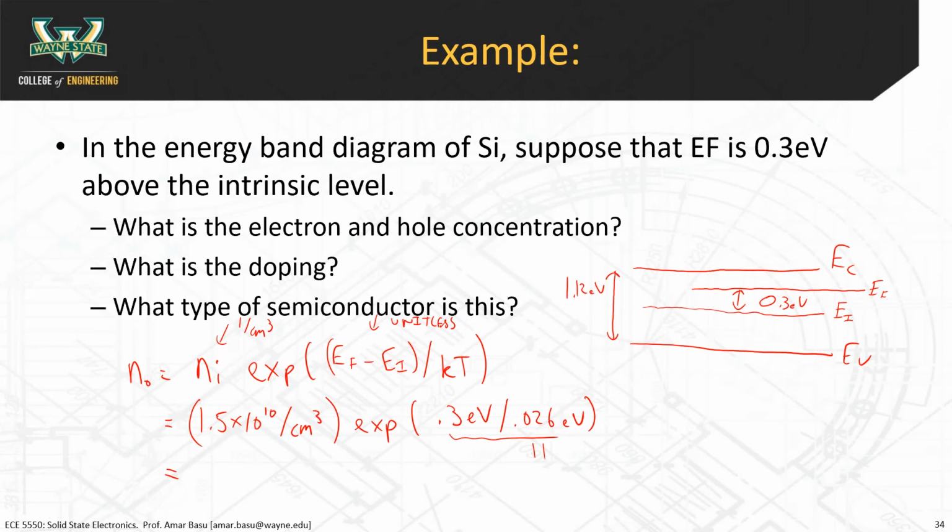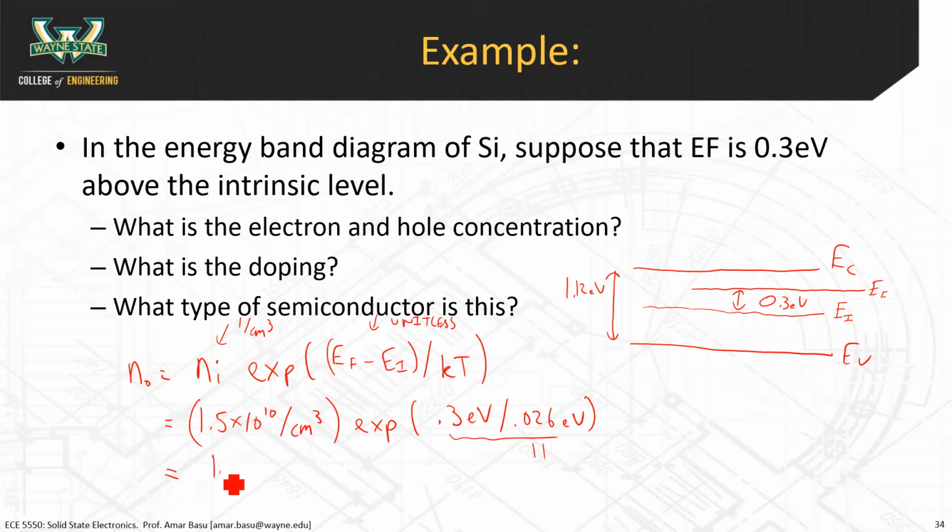So if I do the exponential of 0.3 divided by 0.026, I get 1.02 times 10 to the 5th.